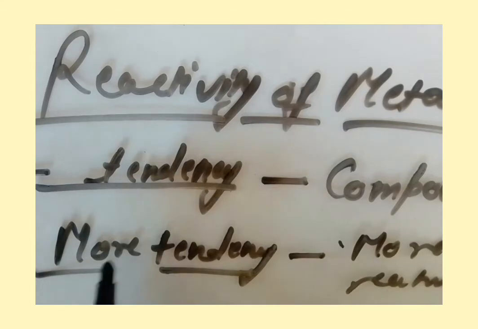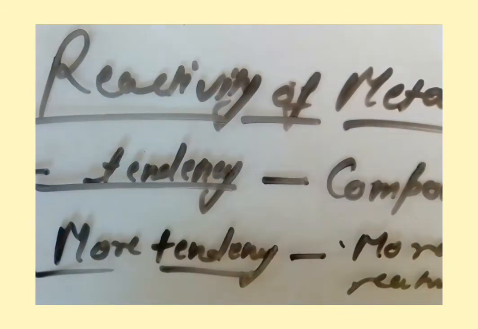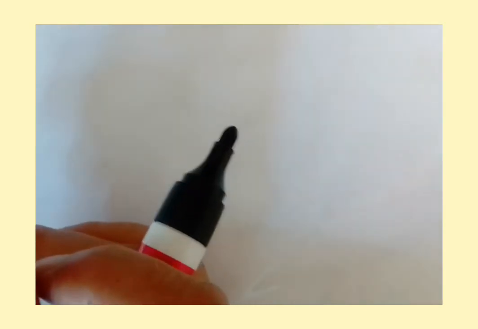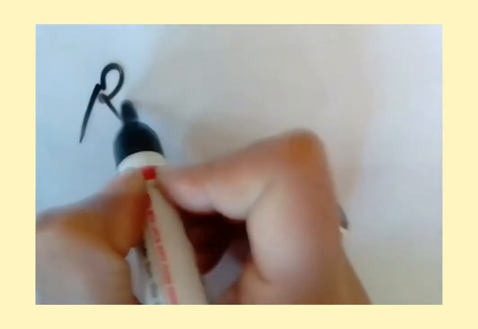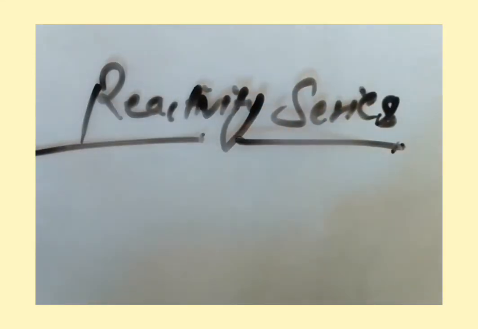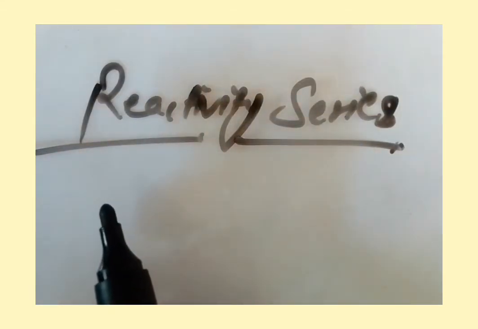And we have discussed earlier about the extraction of metals from their ores, so how they exist in nature. Now on the basis of this reactivity of metals, there is one reactivity series that is given in tabulated form in your book, right?